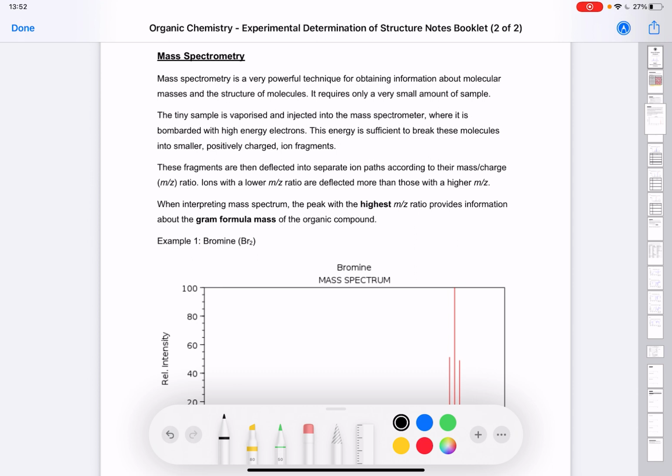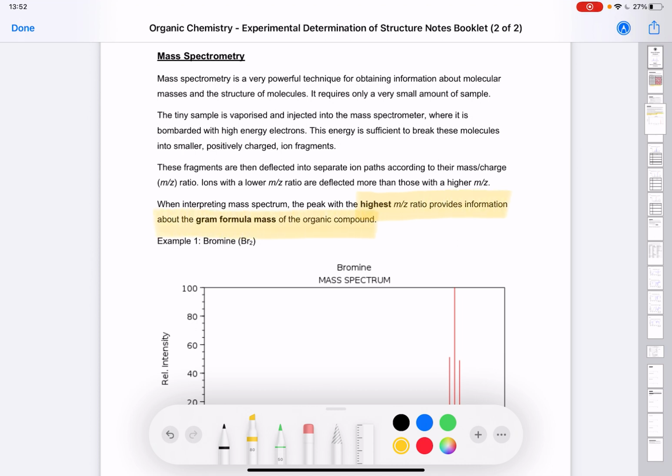This energy is sufficient to break these molecules into smaller, positively charged ion fragments. These fragments are then deflected into separate ion paths according to their mass-to-charge ratio. Ions with a lower mass-to-charge ratio are deflected more than those with a higher mass-to-charge ratio. When interpreting a mass spectrum, the peak with the highest mass-to-charge ratio provides information about the gram formula mass of the organic compound.